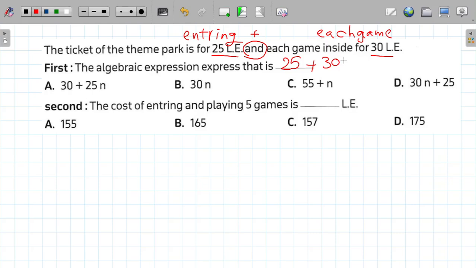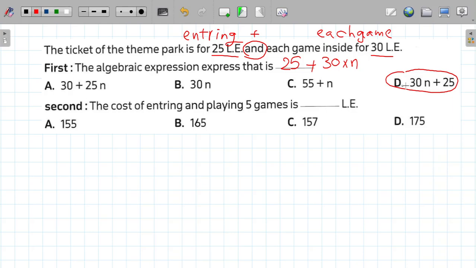So the expression here is 25 plus 30n, or 30n plus 25, because I know addition is a commutative operation. So I can say 30n plus 25.